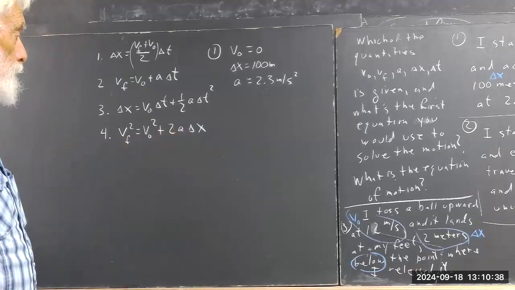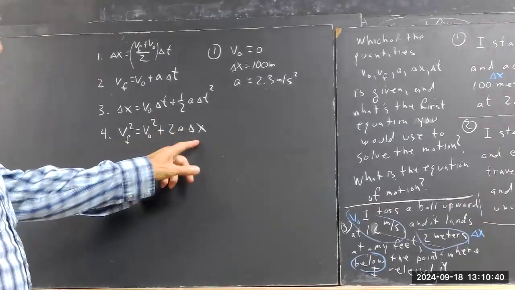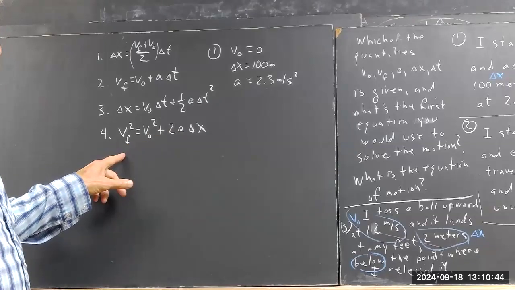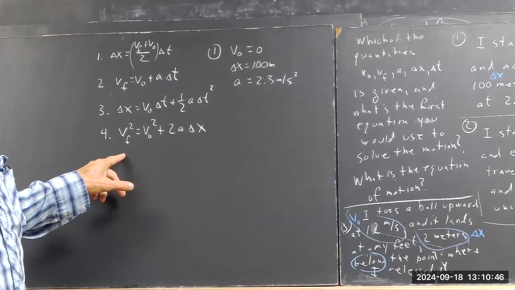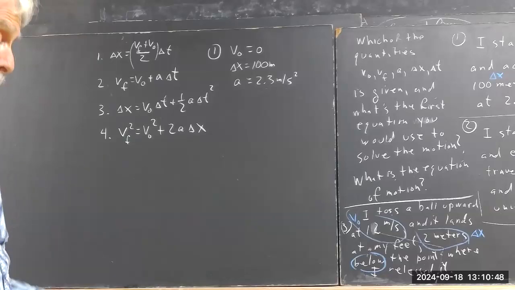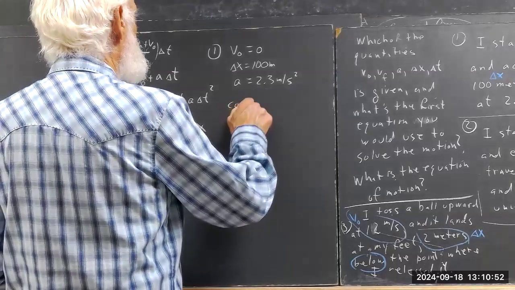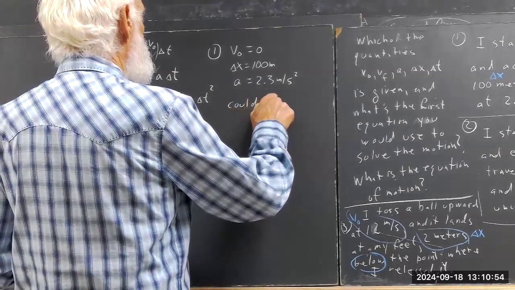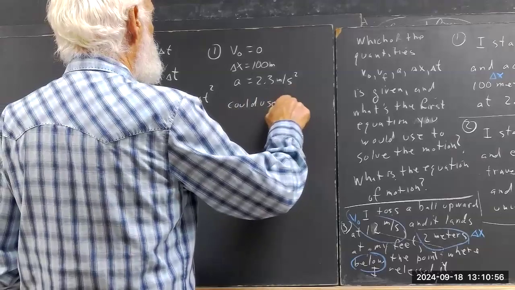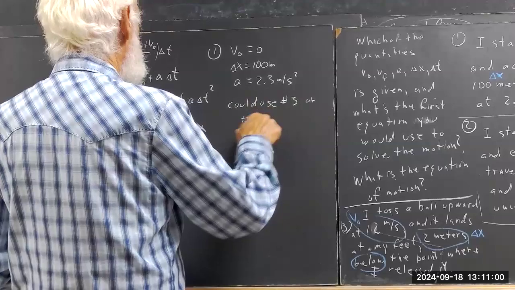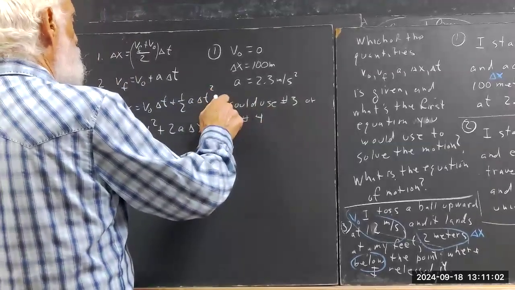Well, fortunately, this equation also has v naught and delta x and a. It allows you to solve directly for vf, right? So I could say here we could use number 3 or number 4.